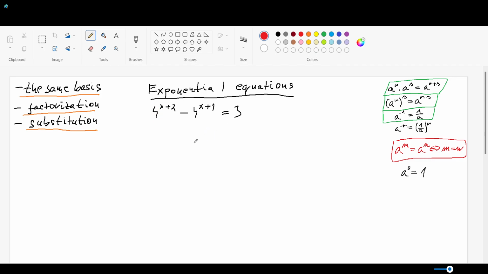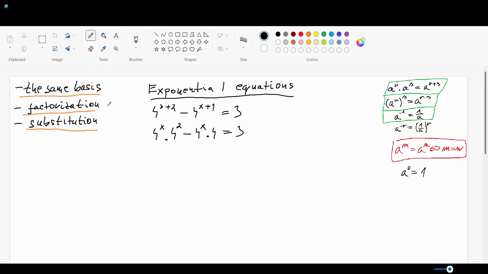You just try to use the procedure or the method you know, and you will see what will happen during your solution. So let's have a look. 4 to the power of x times 4 to the power of 2, take away 4 to the power of x times 4 is equal to 3.